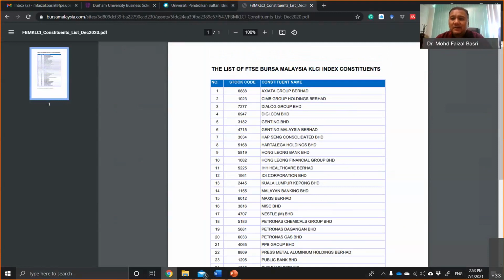And when I say constituents, it represents the companies listed under this FBM KLCI.